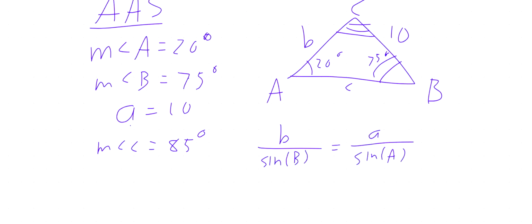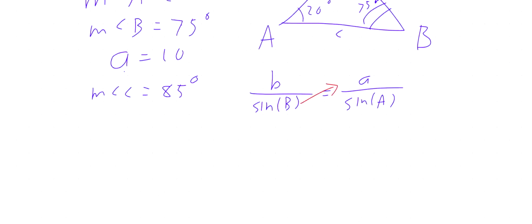So to get little side B by itself, we just have to multiply sine of B over. So that's going to make our life a whole lot easier. So B is going to equal 10 sine of B, which is 75, over sine of 20.